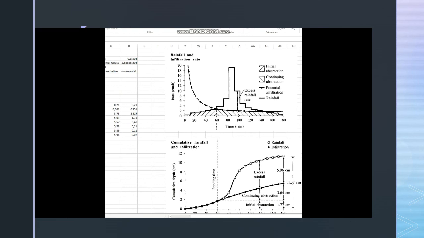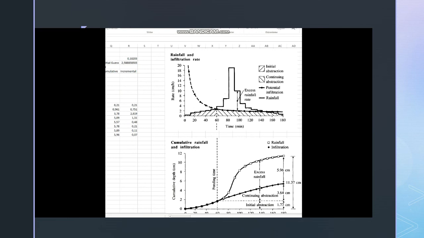Here is the rainfall and here is the infiltration as well. Here is the excess rainfall rate, or excess rainfall hydrograph, over here.